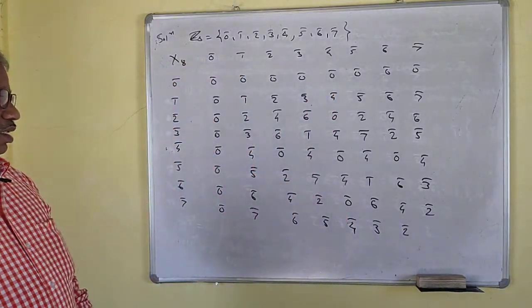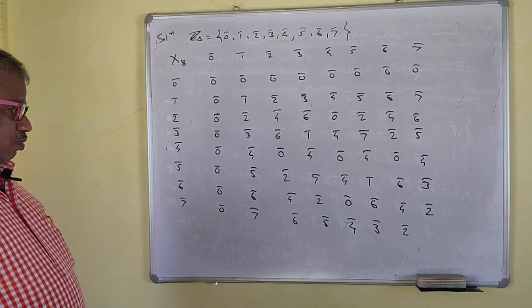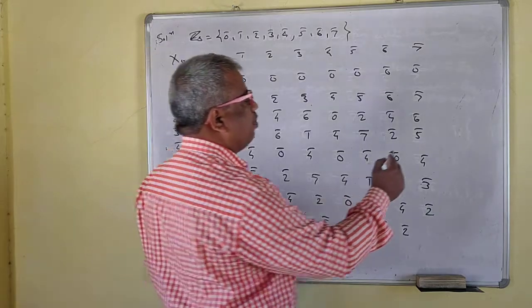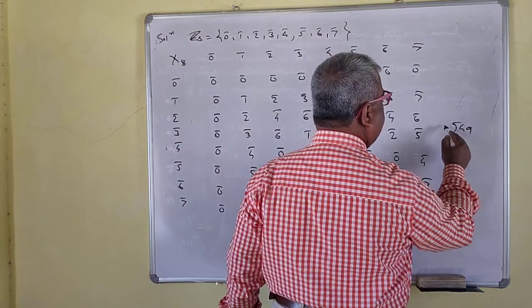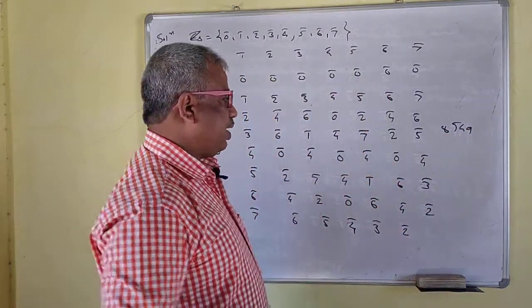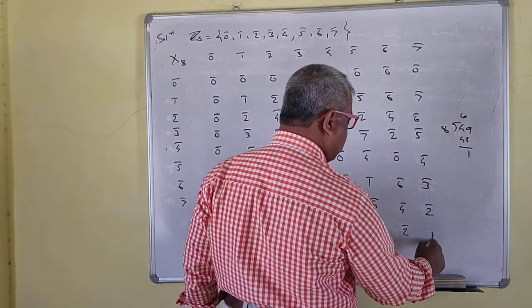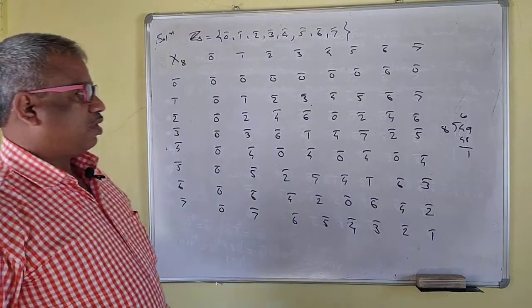And 49. 49 is same as what? If you divide 49 by 8, 8 sixes are 48. Remainder is 1. So 1 bar. Okay.